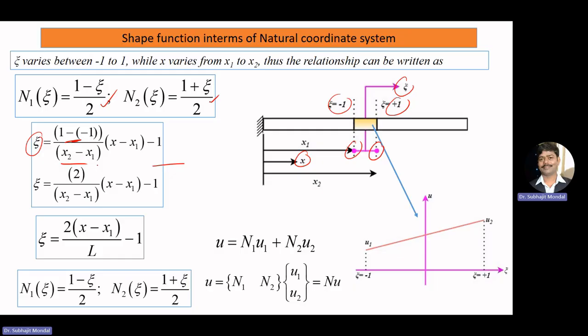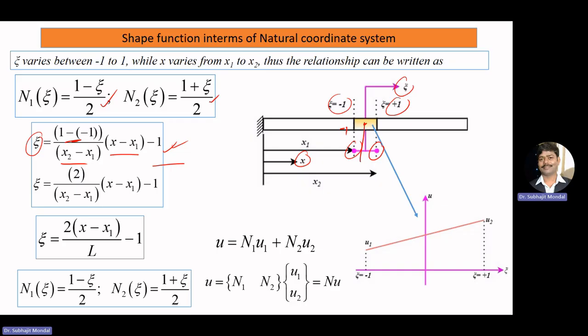Now here we are getting change per unit length, change per unit x, and basically this is x minus x1 at any point. That should be x minus x1. And if you want to represent in terms of xi, then we should subtract this value, -1. So this is the correlation between our natural coordinate system and our physical coordinate system.